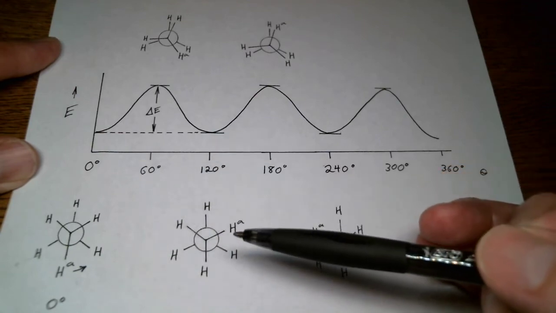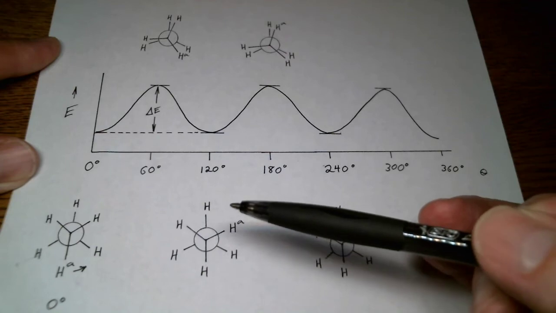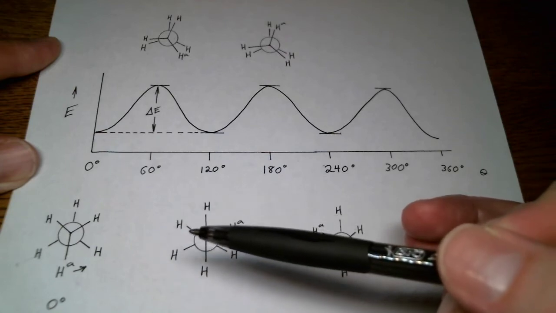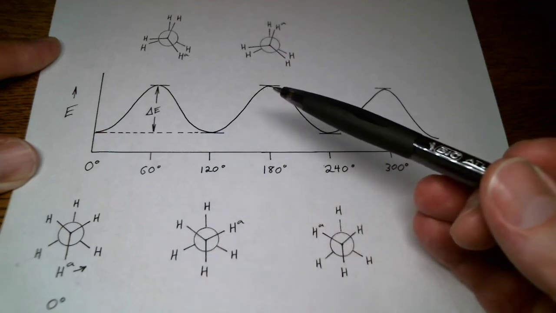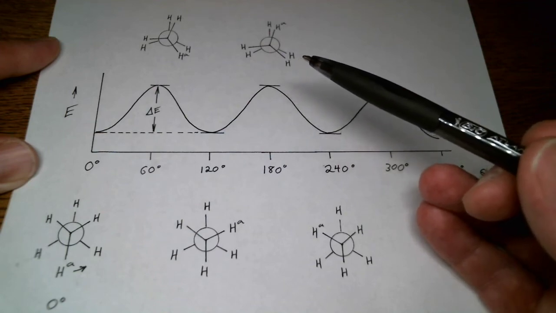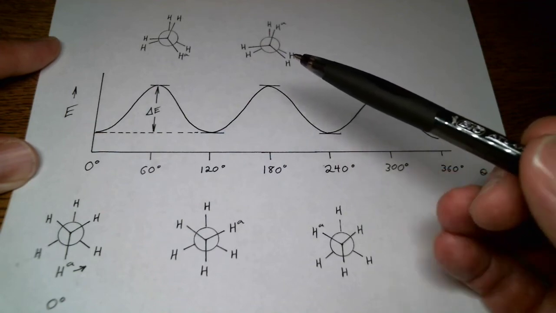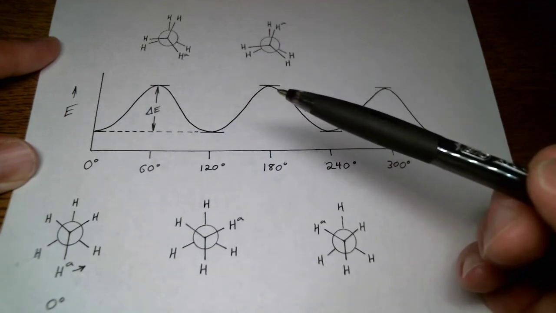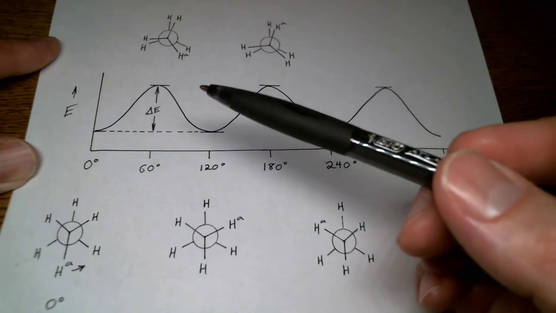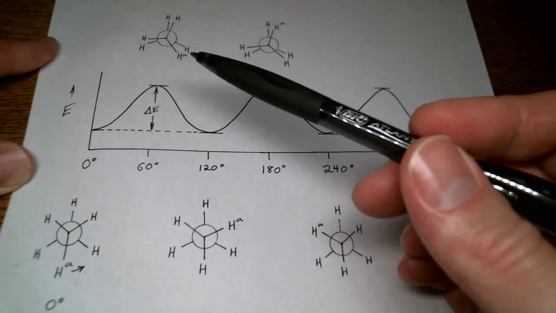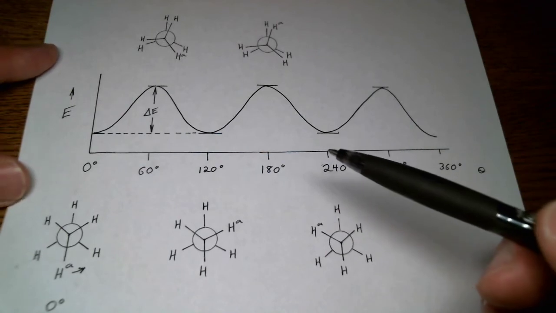Again, if we hold the back carbon constant and rotate the front carbon another 60 degrees to get to 180 degrees, we get another eclipsed conformation. And of course, this eclipsed conformation is identical in energy to the eclipsed conformation we observed at 60 degrees.